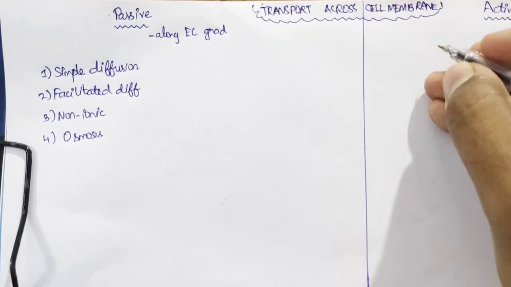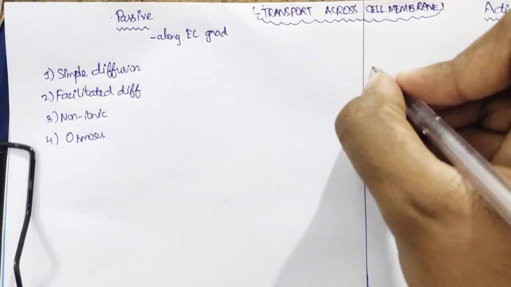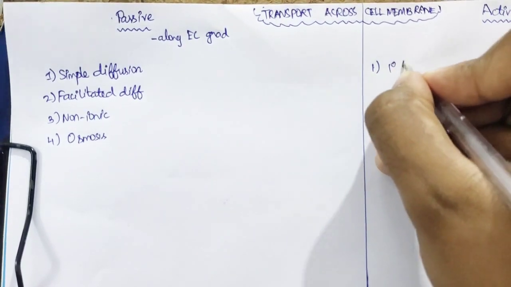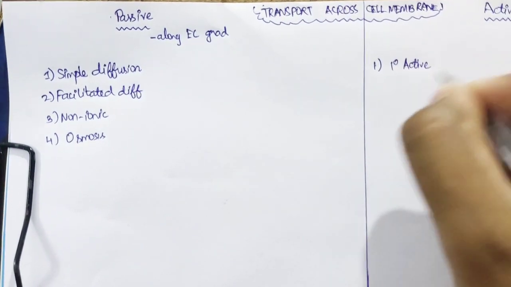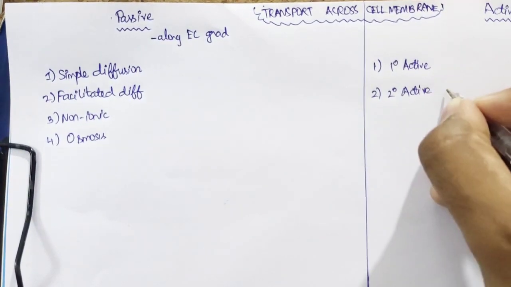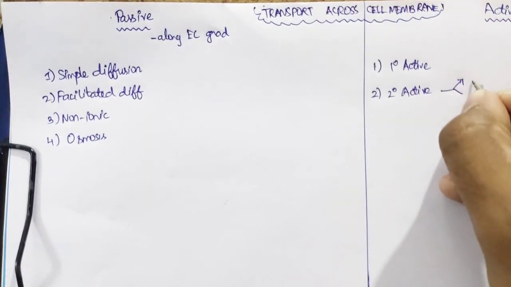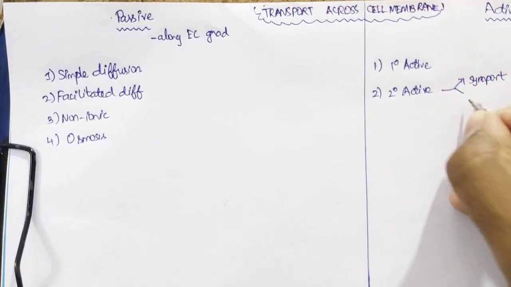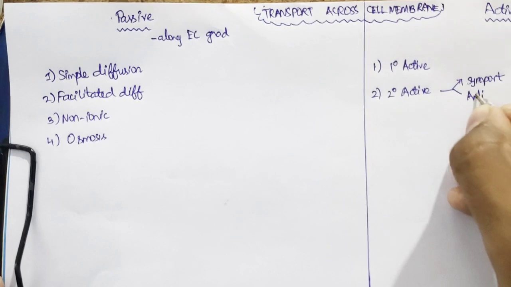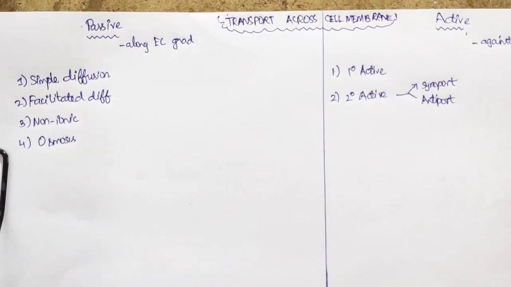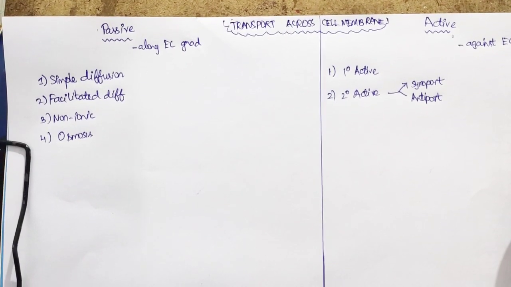In active transport, primary active transport and secondary active transport. The secondary active transport is further divided into symport and antiport. Yes, this is the overall classification of the transportation across the cell membrane.